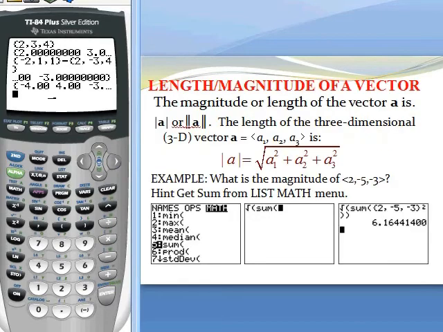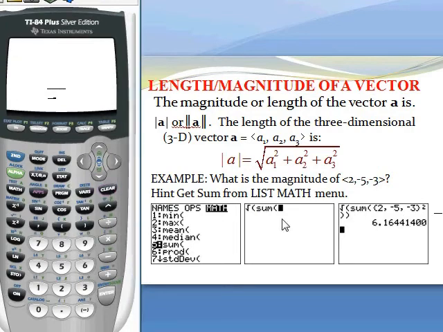The next thing we can do with vectors is to calculate the magnitude of a vector. Sometimes they call that the length of a vector. It's going to be the square root of the sum of the squares. Let's say I'm looking for the magnitude of a vector, which is 2, negative 5, negative 3. One way to do that is to use the sum feature.